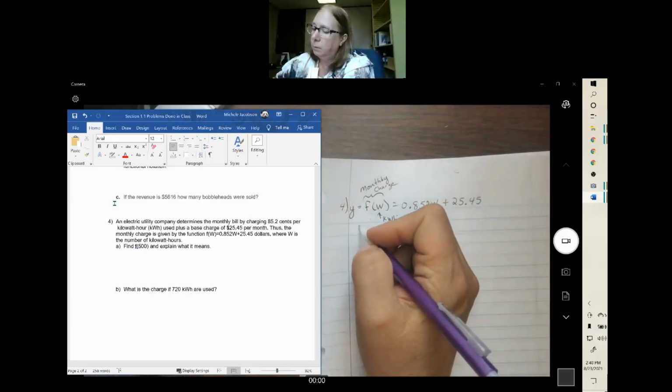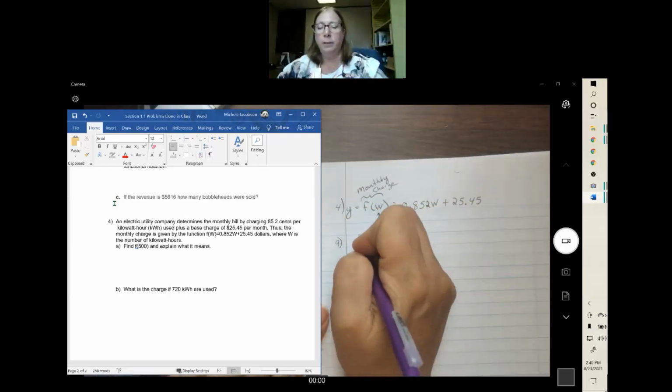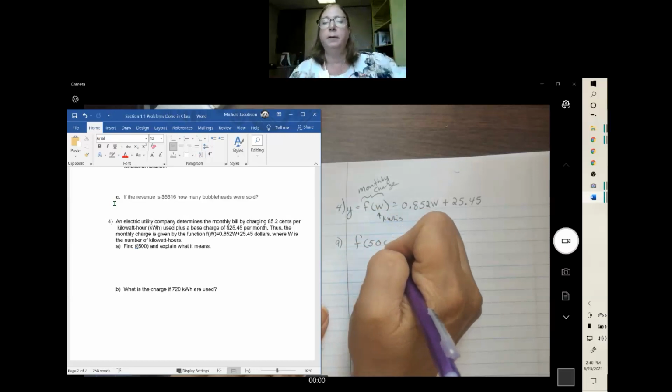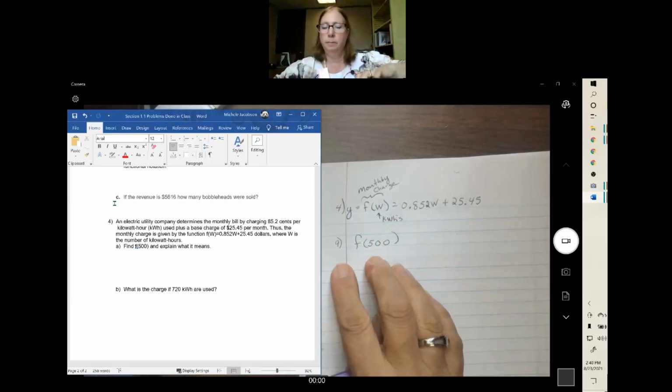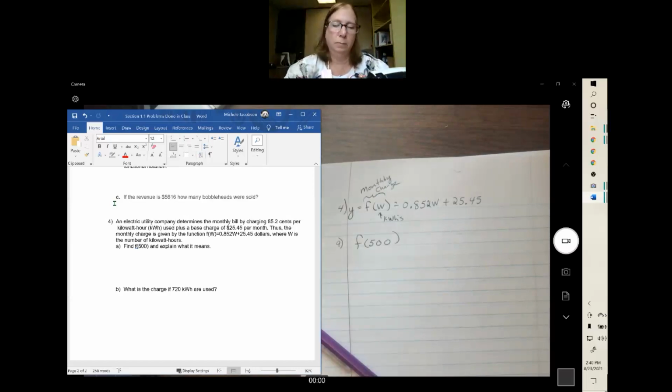Find f of 500 and explain what it means. So what do we get for when we find f of 500? That looks a little bit large.